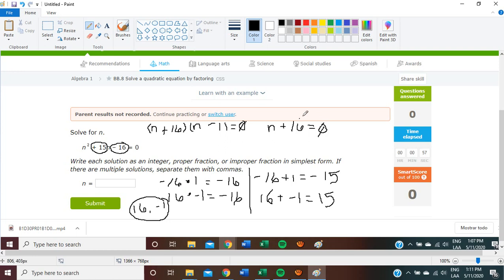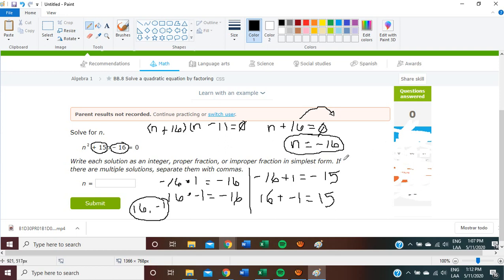So this 16 goes to the other side and is going to be n equals negative 16, because it was adding, now it is subtracting. Sorry about all of this, let me just make some space here. Sorry, I forgot how to make my eraser bigger. Well, never mind.